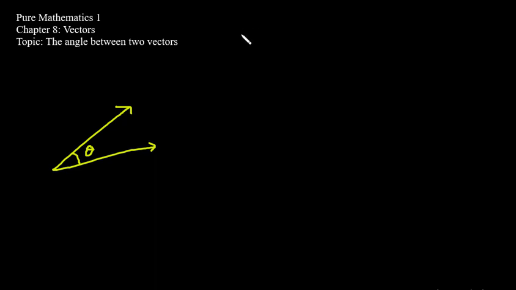We have cos of theta equal to A multiplied by B over modulus of A multiplied by modulus of B. A multiplied by B is called the scalar product.